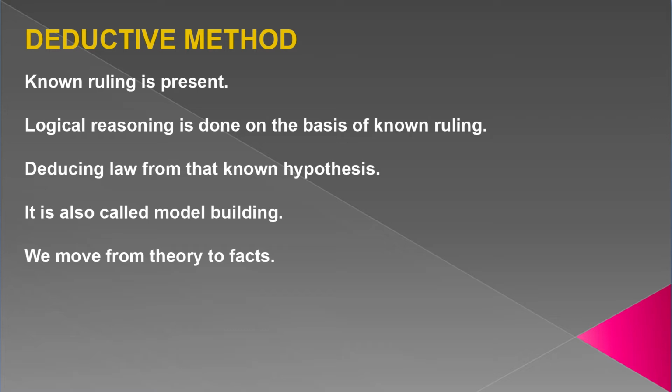This is a general statement, a hypothesis which is already present. From this hypothesis, we derive the result that when price is lower, people buy more of a commodity. This derived principle is called the law of demand, and we derived this law through the deductive method.